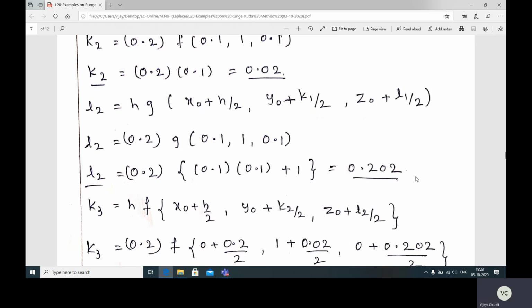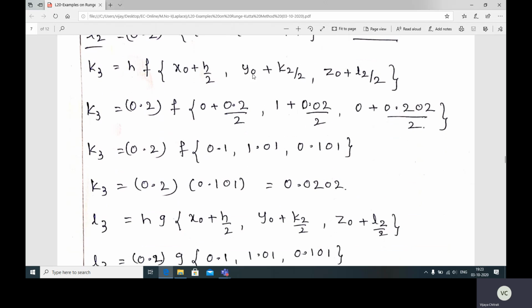Now find K3. K3 is equal to h into f of x0 plus h by 2, y0 plus k2 by 2, z0 plus L2 by 2. So x0 is 0, h is 0.2, y0 is 1, k2 is 0.02, z0 is 0 and L2 is 0.202.